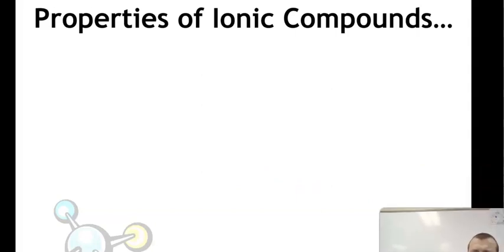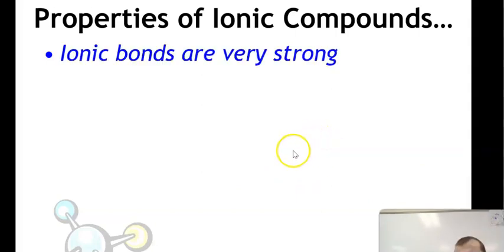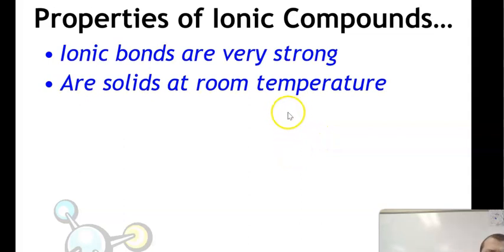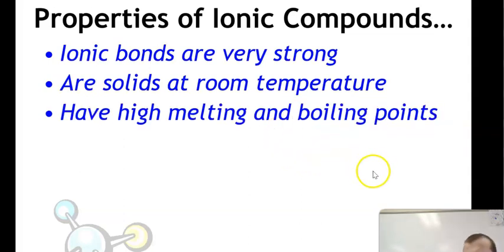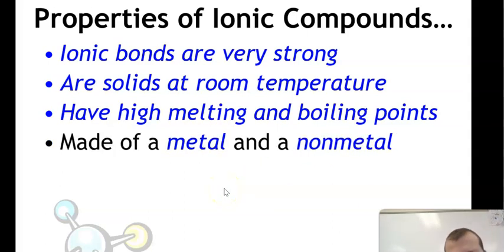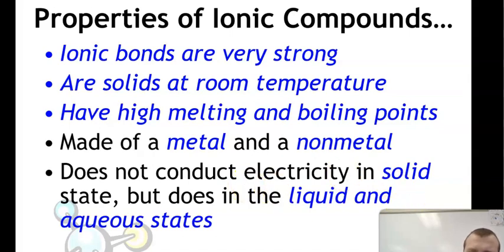So properties. They're very strong. They're solids at room temperature. They have high melting points. So if you put it on a Bunsen burner, it will take a lot of heat in order to make it melt. This is key: there's a metal and a non-metal. There's always going to be a metal and a non-metal. It does not conduct electricity as a solid.